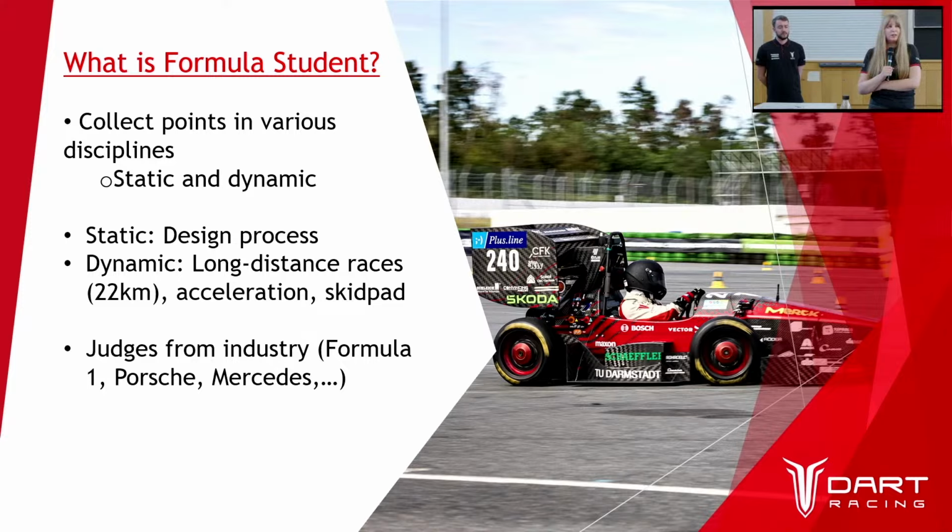These include disciplines like acceleration, skid pad, and the endurance race, which is 22 kilometers. Which is the longest race. Yes, and finally, all teams are evaluated by judges from the industry, including experts from Formula 1 or other companies like Porsche and Mercedes.